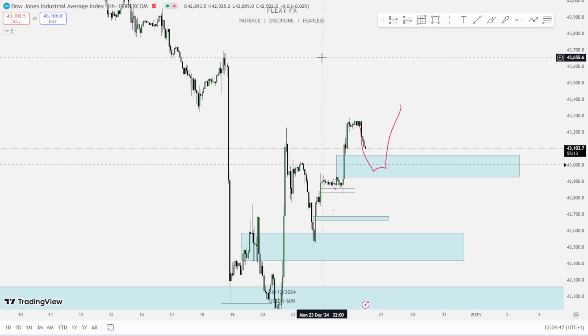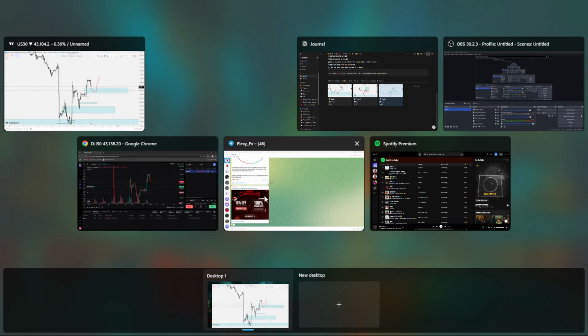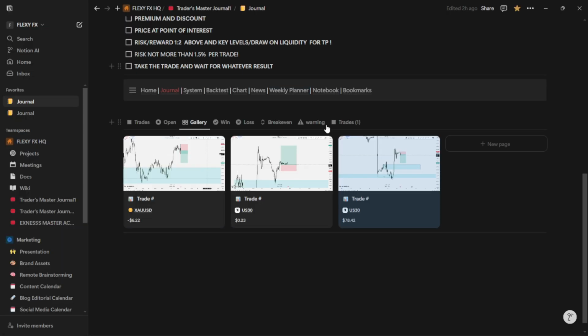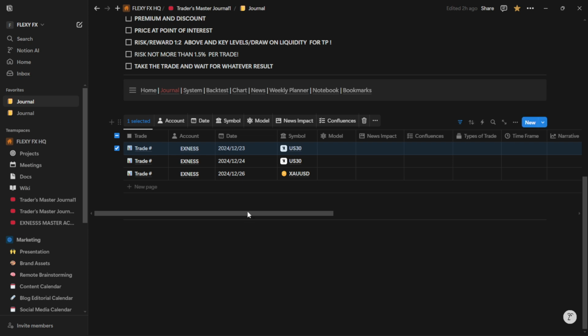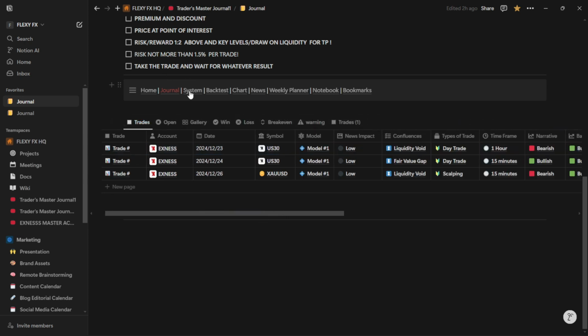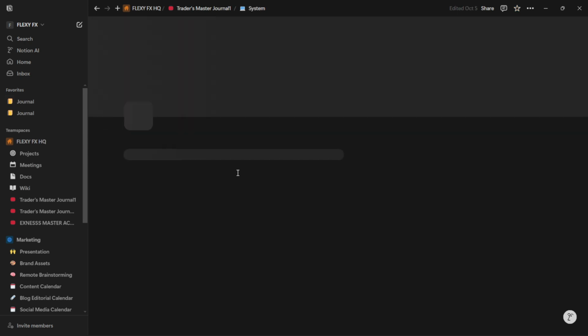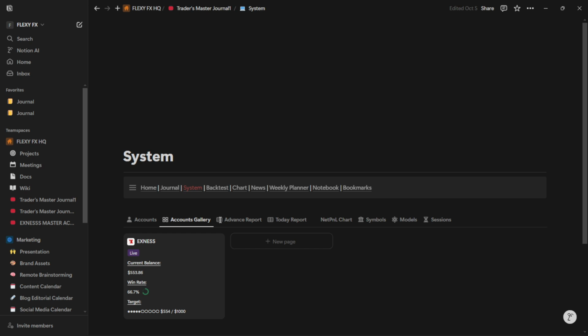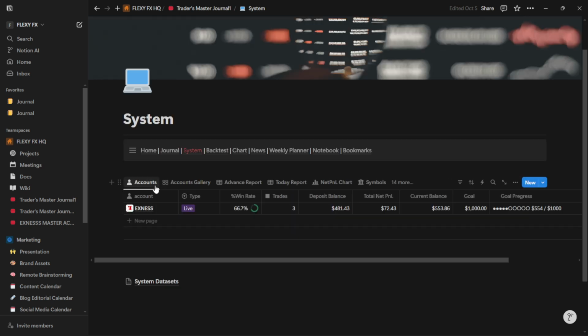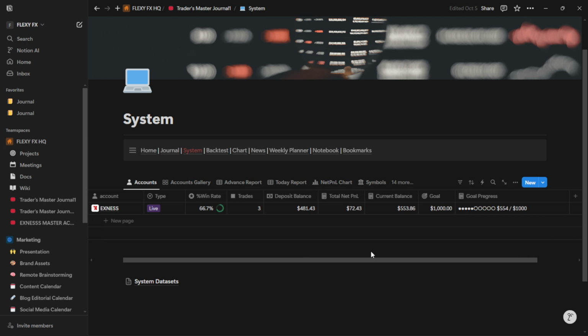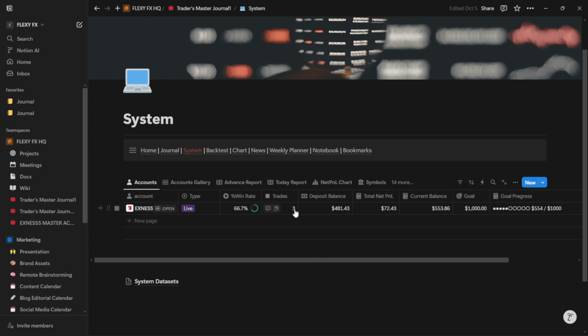Okay guys, I'm going to show you briefly some of the trades I took. I journal every trade, and I journal all the trades for each account I'm trading. Like for this one, I funded $481 right here, and I've taken 3 trades.